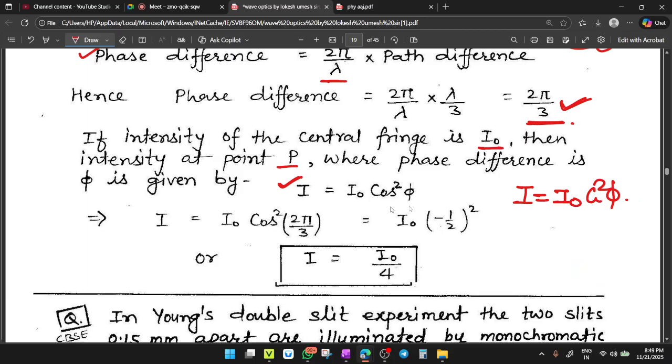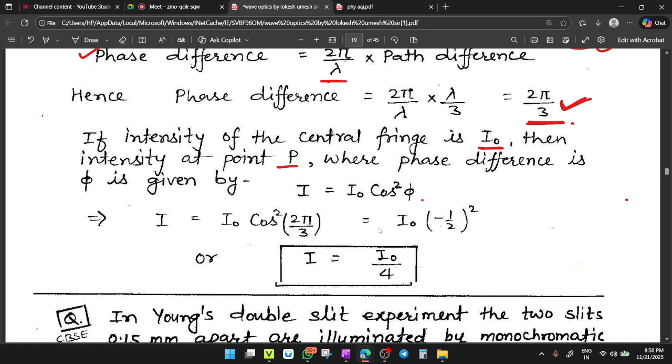I derived a formula different from the one I have got here. But this is not the formula for the resultant intensity. If the intensity of the central fringe is I naught, then intensity at point P. Okay, okay. This has been related to the central fringe.